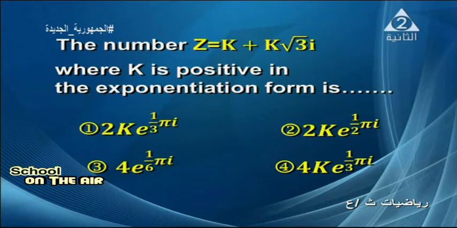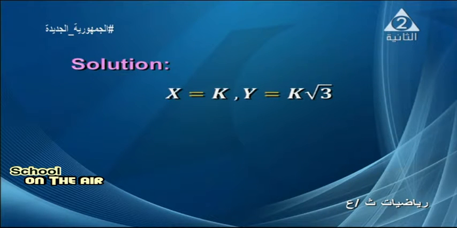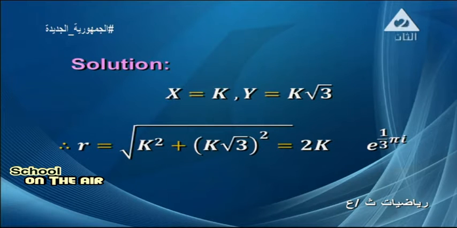Before we choose the correct answer, look at, my dear student, x equals k, y equals k root 3. What is r? The square root of k squared plus (k root 3) squared equals what? 2k, because k squared plus 3k squared under the square root gives 2k.